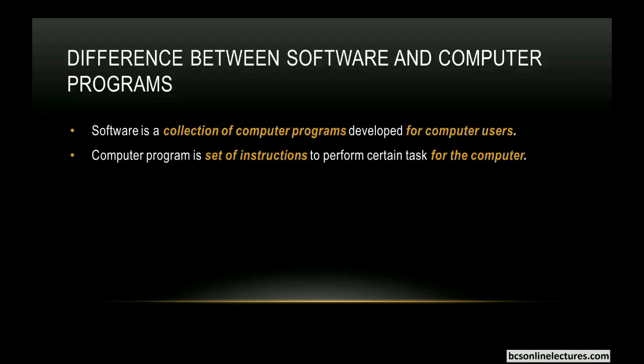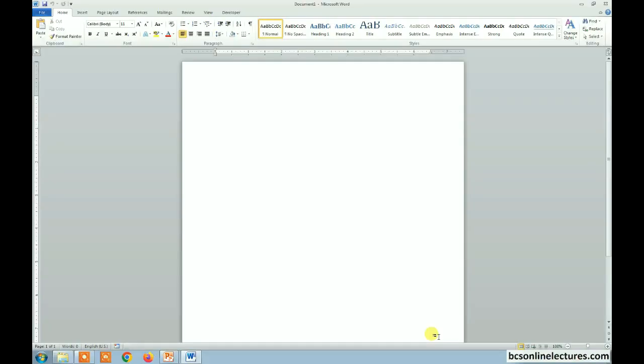Now let's try to understand this difference using an example. Now I am going to open Microsoft Word, right? This is Microsoft Word. It's word processing software. I believe all of you are already familiar with it. Using this software you can create or process electronic documents. Everything you see on this screen is called the user interface.